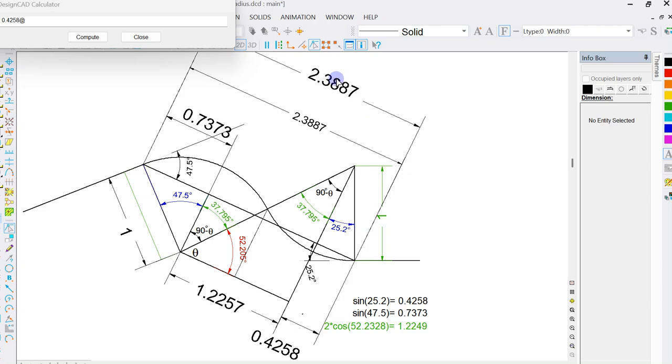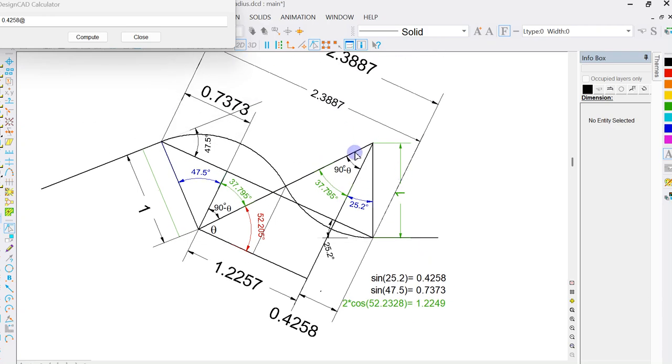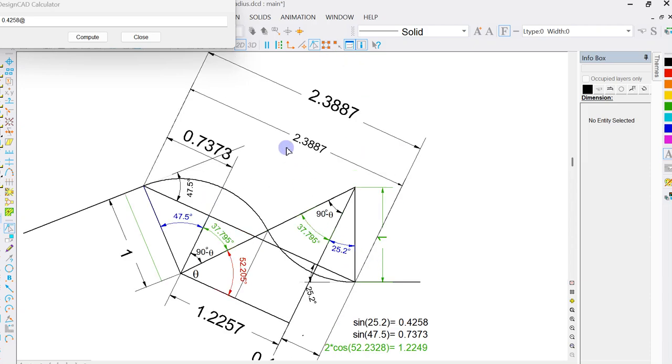Because right here, this is 2. This is all those added up. If you add those up, you end up with 2.3887. And if the diagonal here was 2.3887, you would end up with 1. So the total length divided by that ratio number, and in this case it's 1.